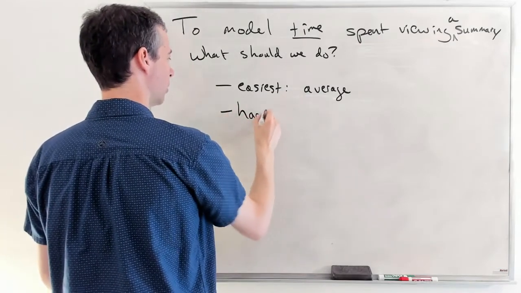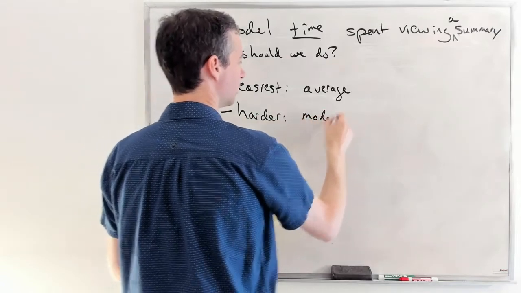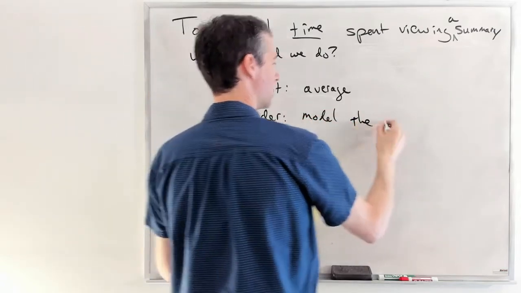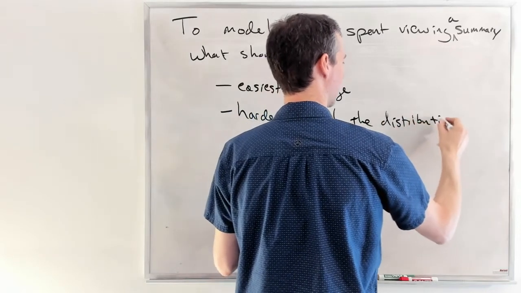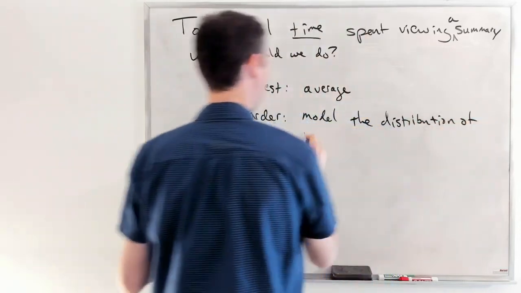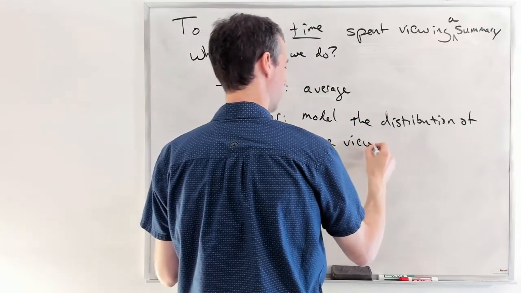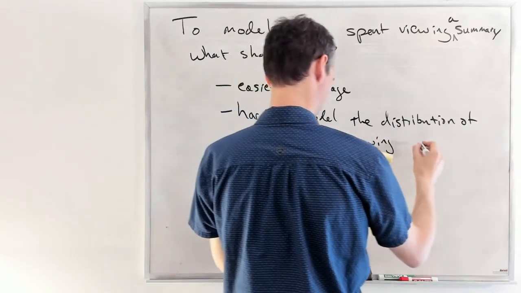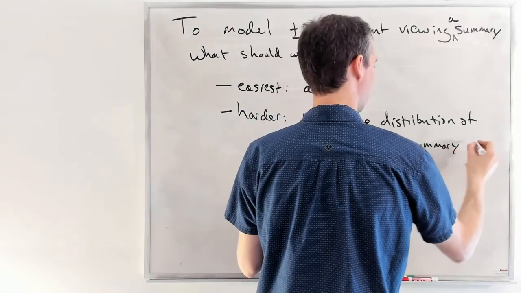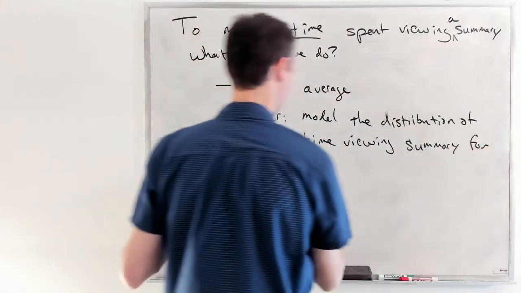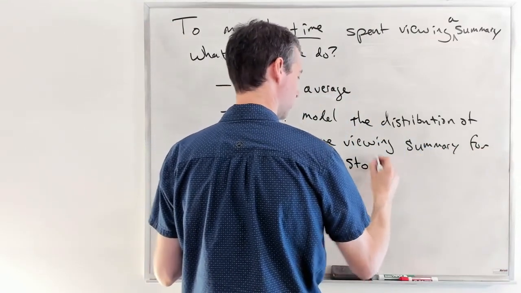A harder approach is to model the distribution of time spent looking, or time spent viewing a summary, so that we can then use this for a stochastic simulation.